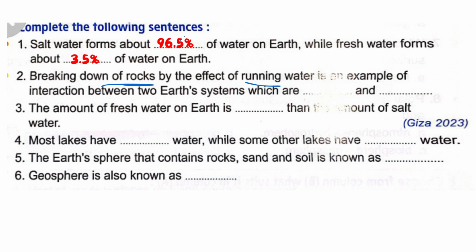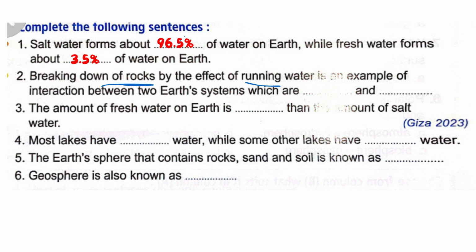Okay, keep these numbers in your mind: salt water forms 96.5% of water on earth, and fresh water forms about 3.5% of water on earth, and 71% of the earth is covered by water.